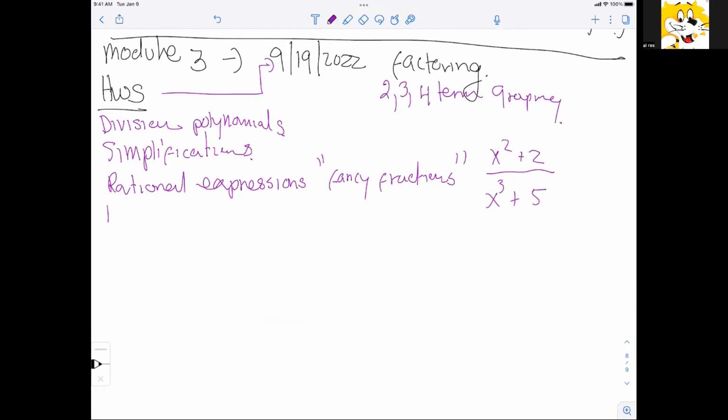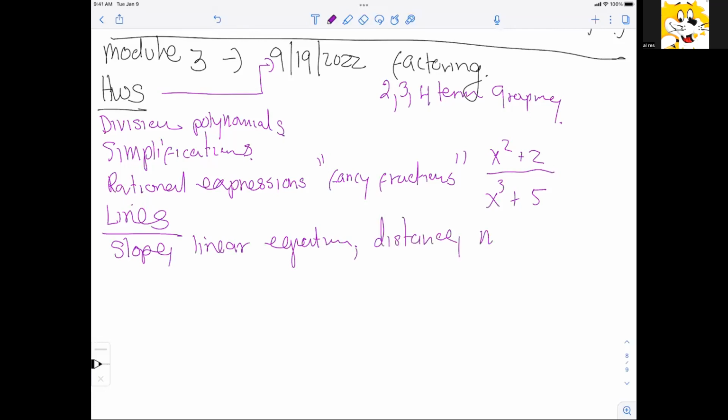We also then here introduced lines. What about lines? We did slope. We did linear equations. We did distance. We did midpoint.